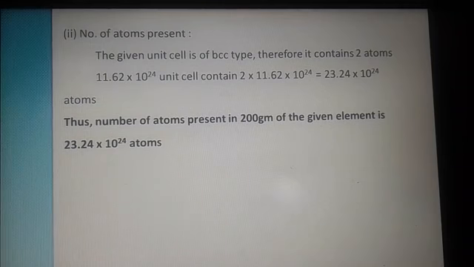That means n is equal to 2. Therefore, we will just multiply the number of unit cells by 2. We are getting the answer 23.24 into 10 to the power 24 atoms. Thus, number of atoms present in the given element is 23.24 into 10 to the power 24 atoms.